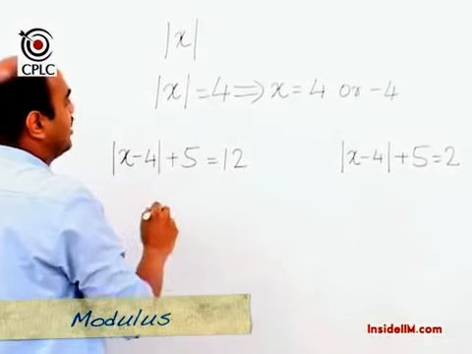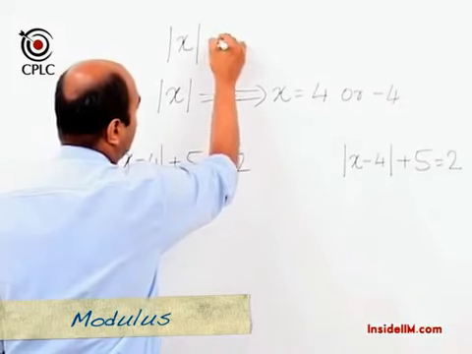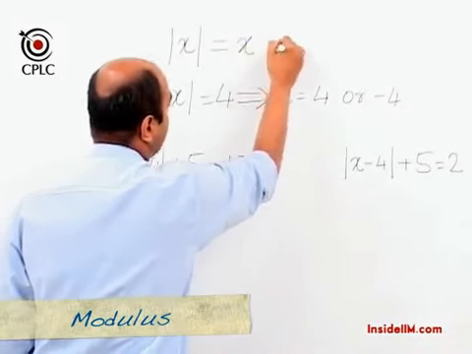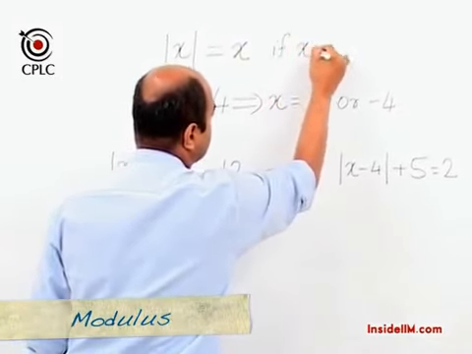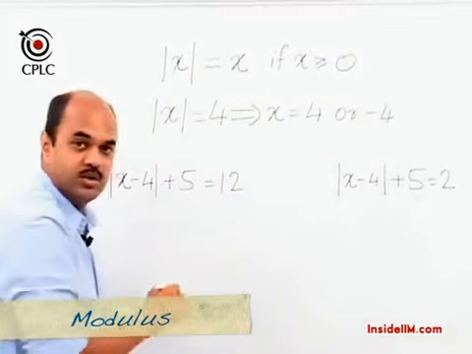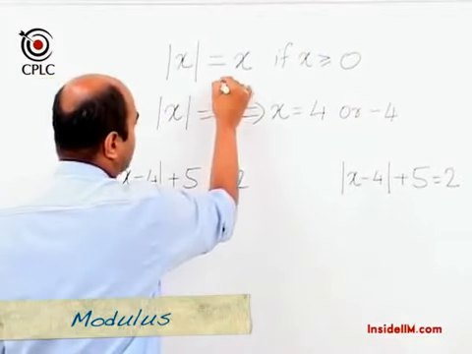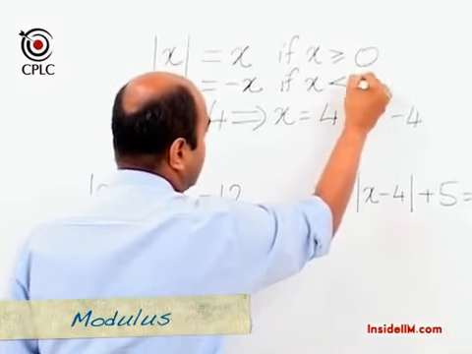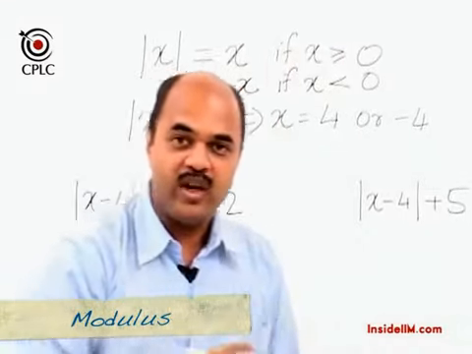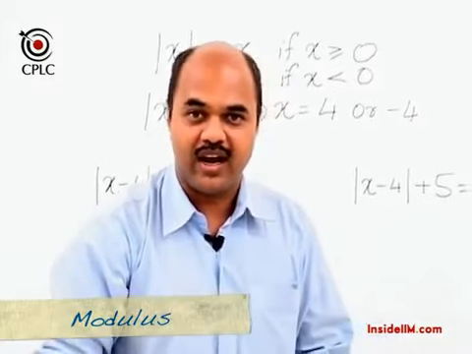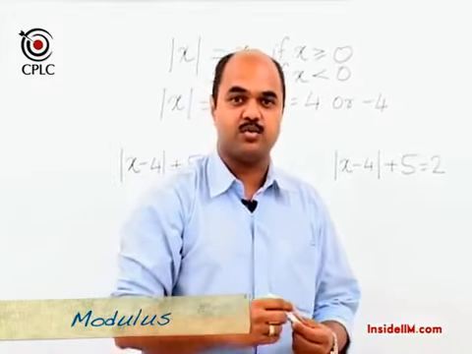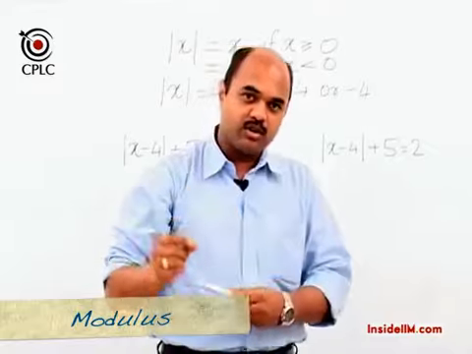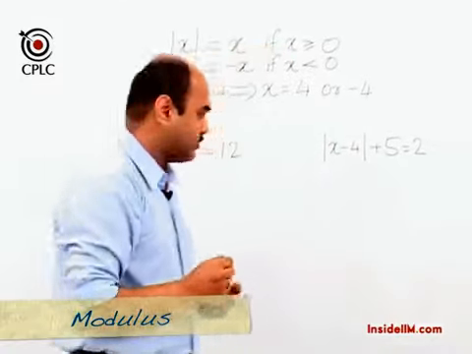However, we need to understand that mod x will be equal to x only when x is greater than or equal to 0, and mod x will be equal to minus x if x is less than 0. Very often this point is ignored, and hence there are errors when you solve problems.